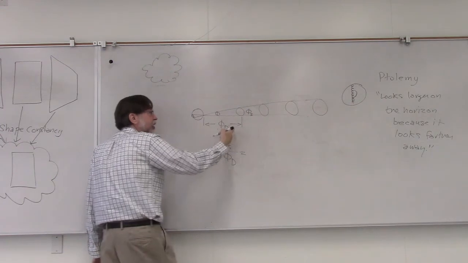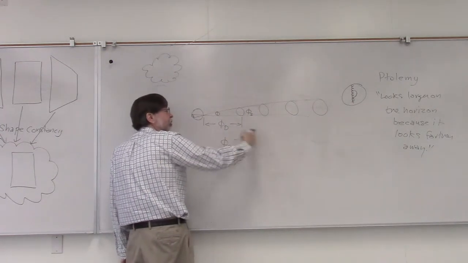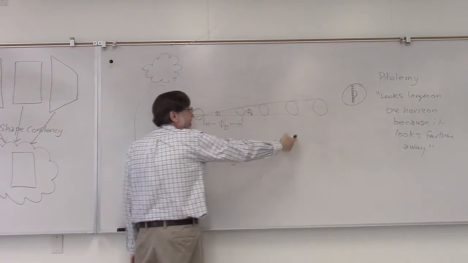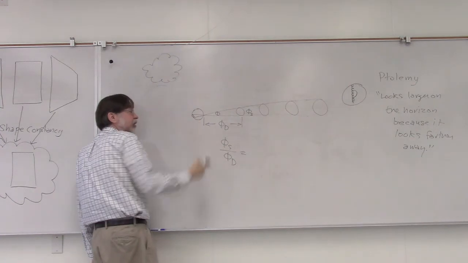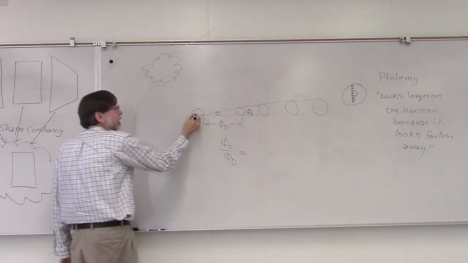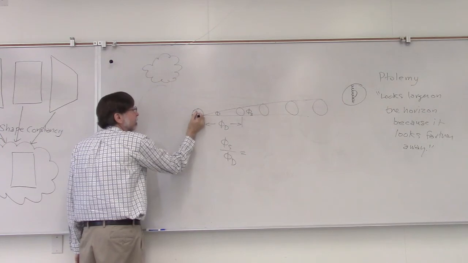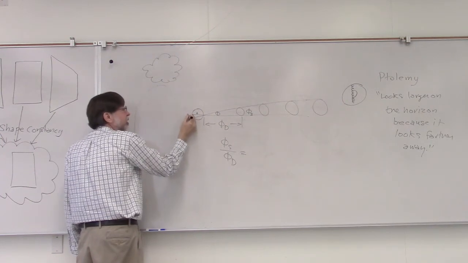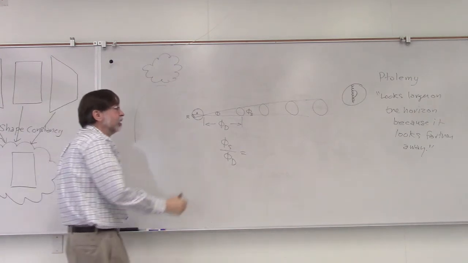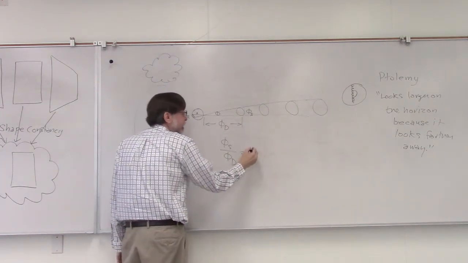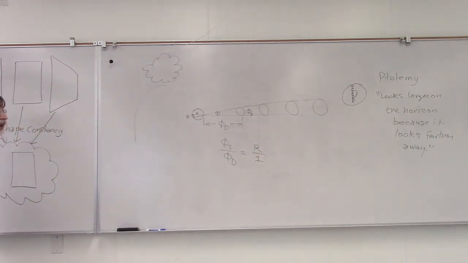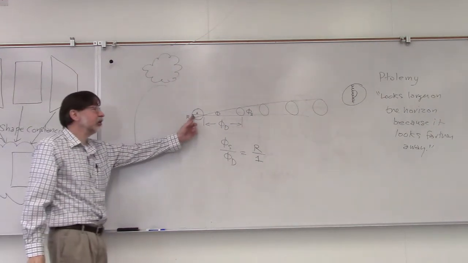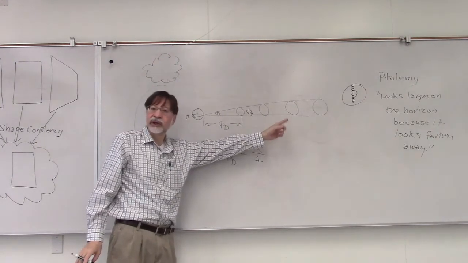Phi s1 over phi d1 is the same as phi s2 over phi d2, the same as phi s3 over phi d3, and these triangles are all similar to this triangle. Let's measure in eyeball units. We'll call this dimension 1. And the retinal image, r, divided by 1 is equal to phi s divided by phi d. Isn't that right? That this triangle is similar to all these other triangles?